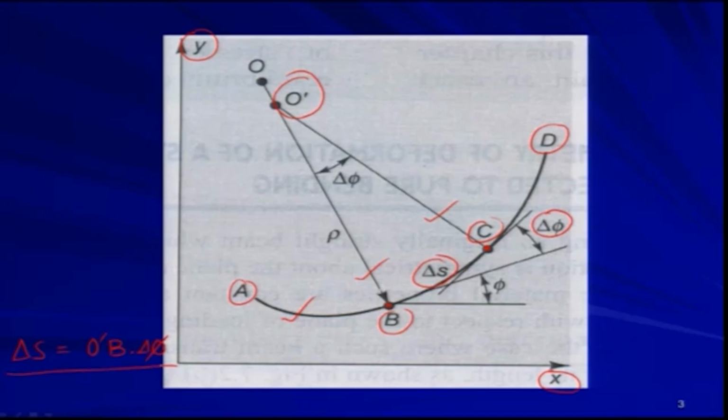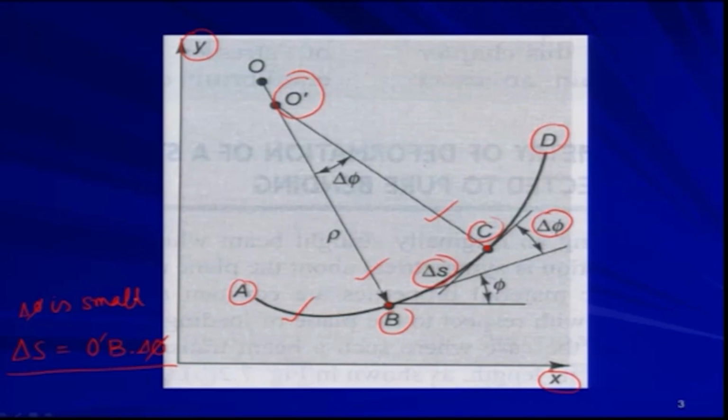So, delta S is equal to O prime B into delta phi, if delta phi is small. So, that is the condition. If delta phi is small, the arc delta S is approximately equal to O prime B into delta phi.